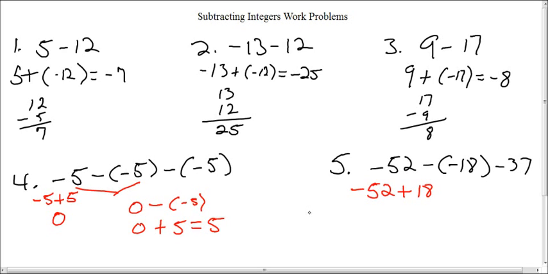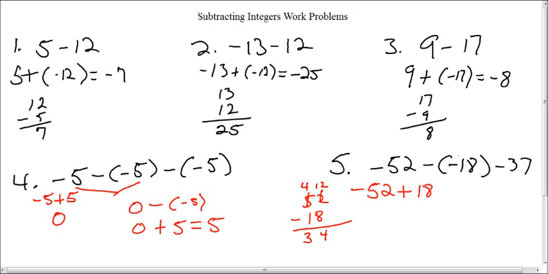So let's just go ahead and do a sidebar. 52 minus 18. Here we'll take 1, make that 4, and then make this a 12. And 8 from 12 is 4, and 1 from 4 is 3.